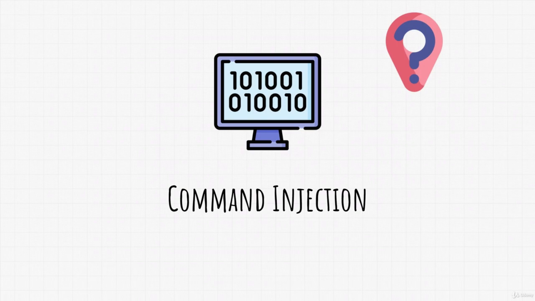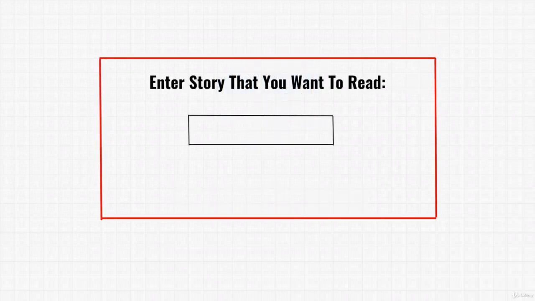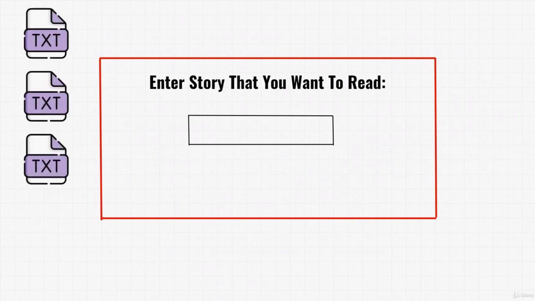Say we have a simple web application that lets people read different stories. It gives you a list of stories that it has available, and you type in which one you want to read. Let's say that those stories are stored in txt files on the server.